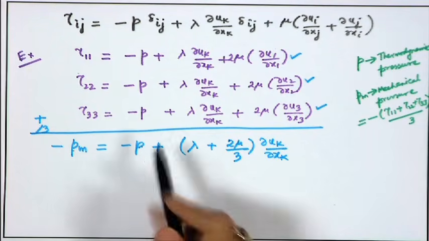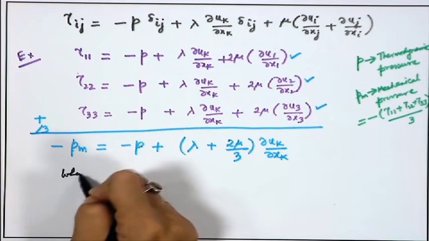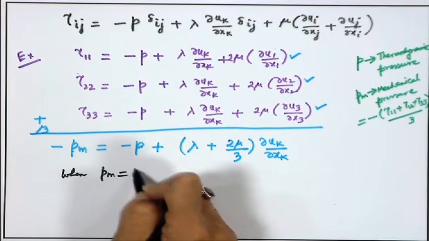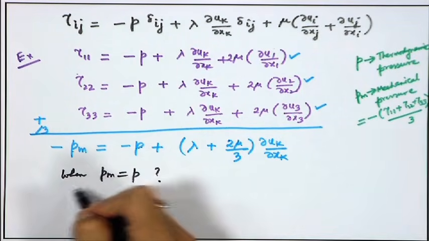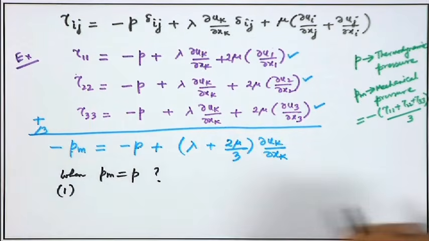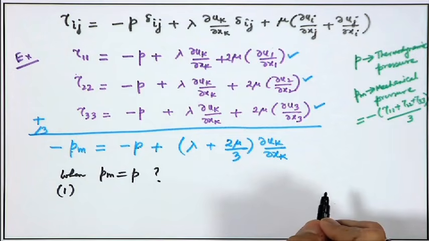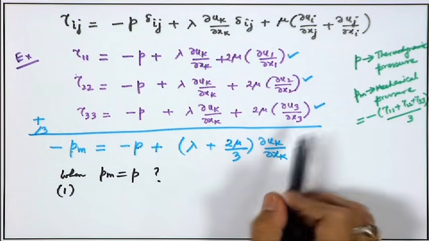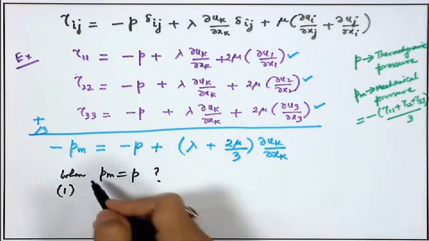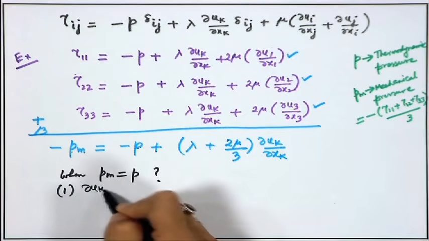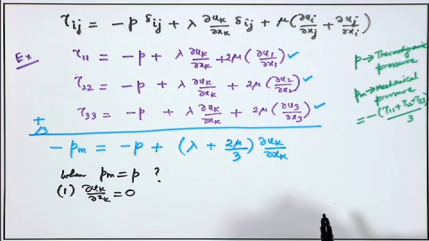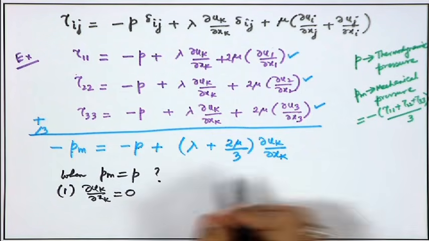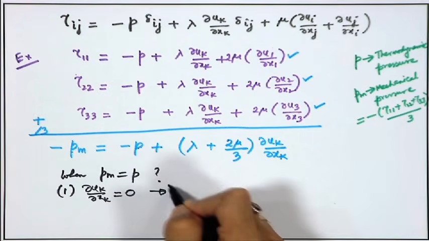Now, when Pm and P are identically equal, case 1, which is a very straightforward case, is that you have del uk del xk equal to 0. What is this? This is incompressible flow.